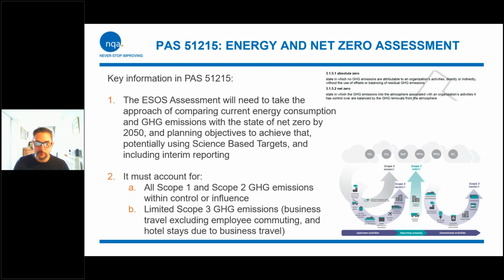What the PAS document, PAS 51215, limits those to is reporting on business travel greenhouse gas emissions, but specifically excluding any employee commuting that takes place, and it requires you to report on hotel stays due to business travel. So that's quite limited.